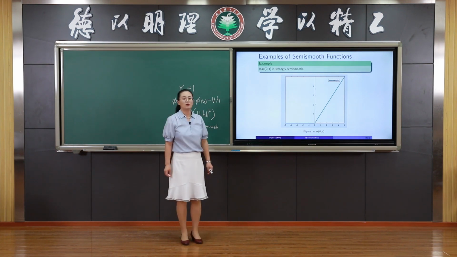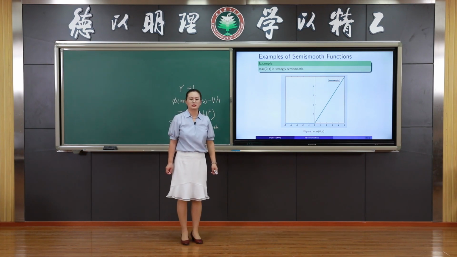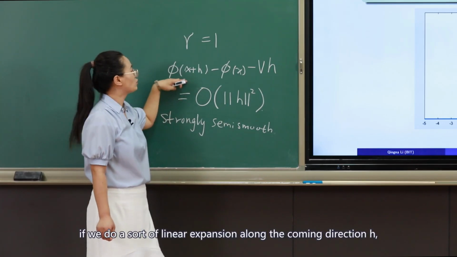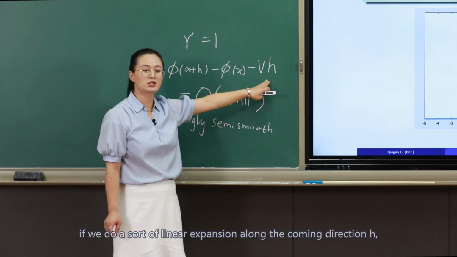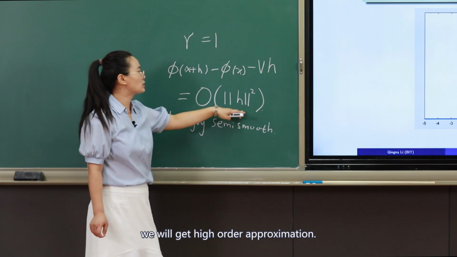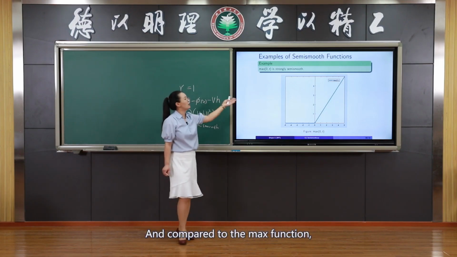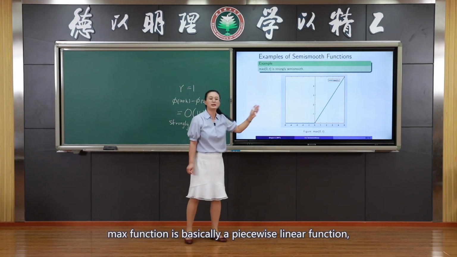Now, again, we use this figure to show semi-smoothness. Actually, the max function is strongly semi-smooth. Strongly semi-smooth basically says that if we do a linear expansion along the coming direction h, we will get a high-order approximation. The max function is basically a piecewise linear function.